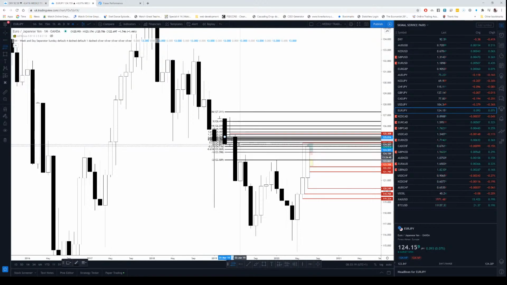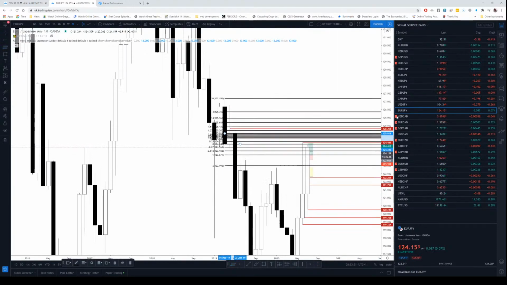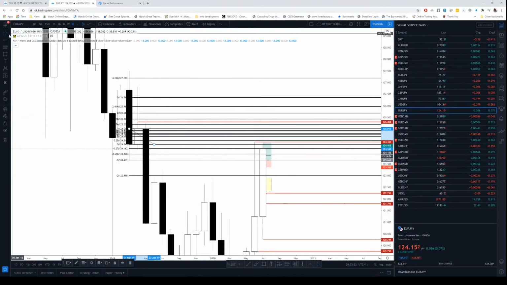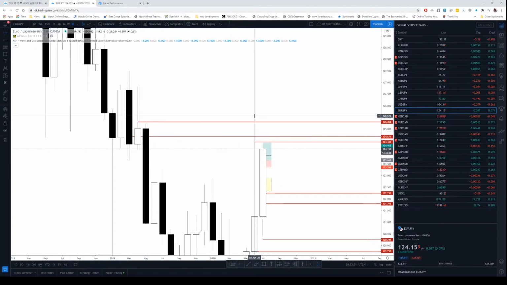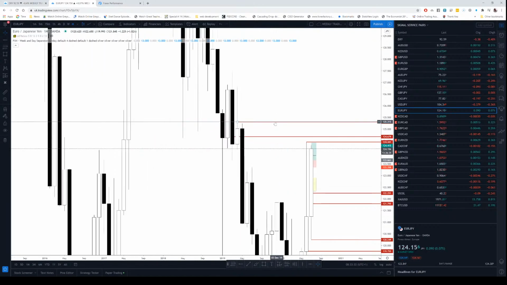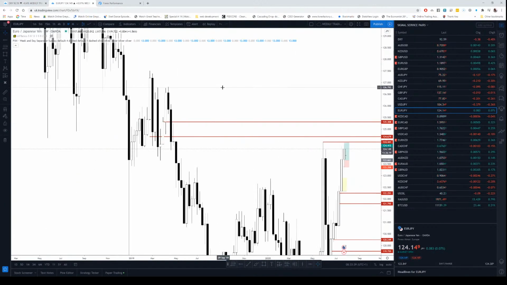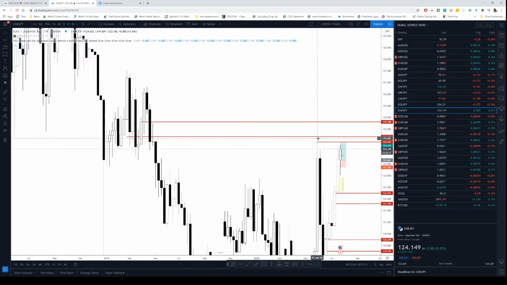So let's do this: the main threshold of this last up candle, right there. Use that as your upside objective. So it looks like that. Use this as your upside objective.